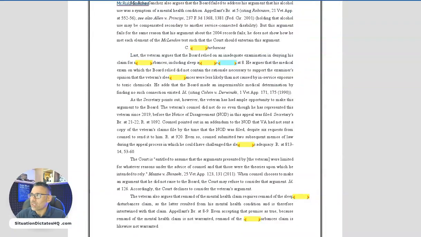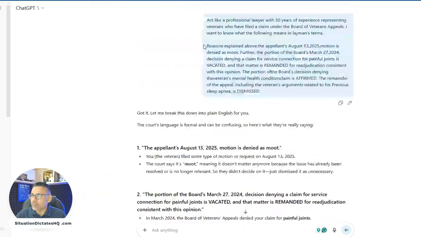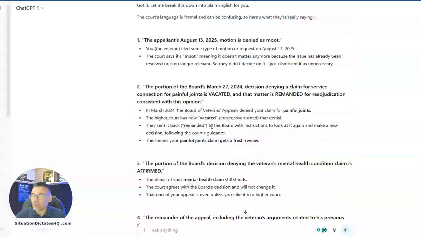Go to copy and then go back and paste it here at the bottom, and put this before, and then paste what you copied from the Board of Appeals, and learn some stuff that may be very beneficial for you in your claim.